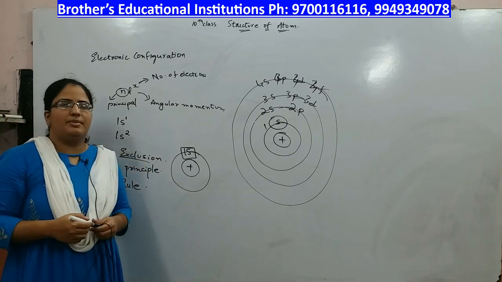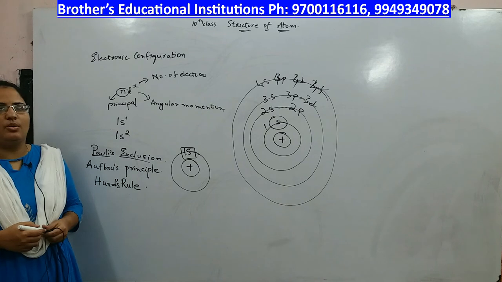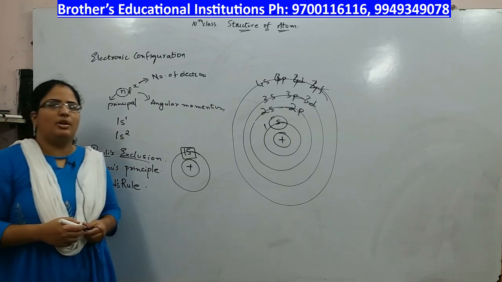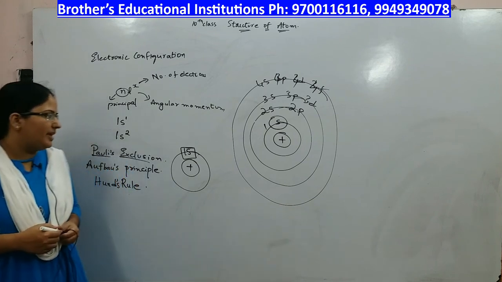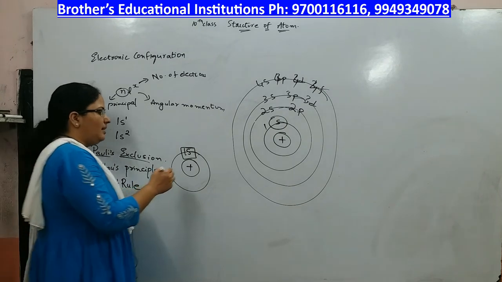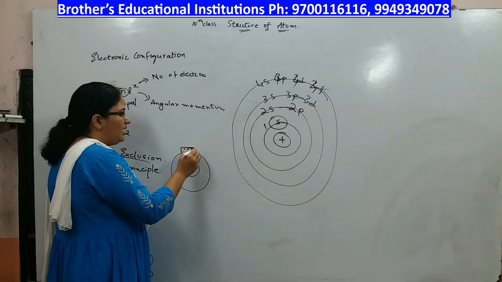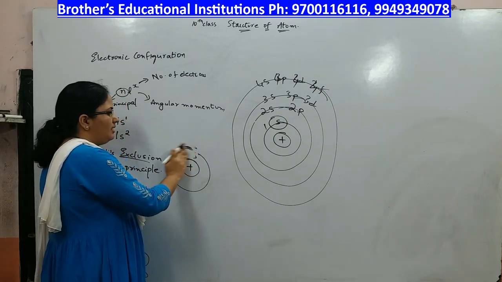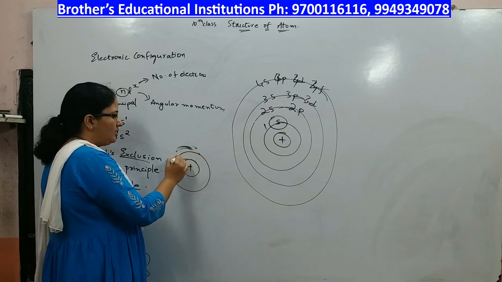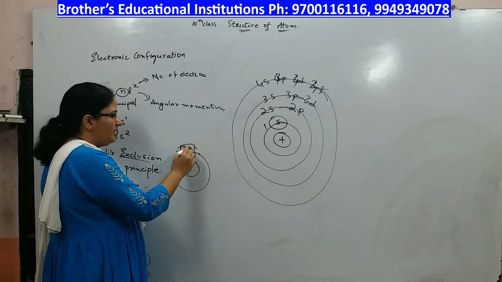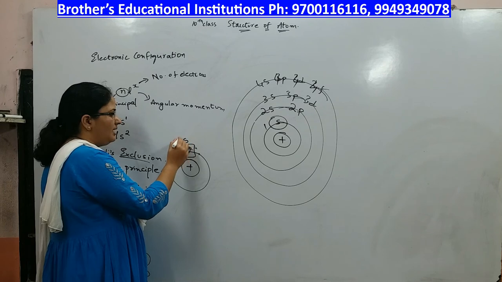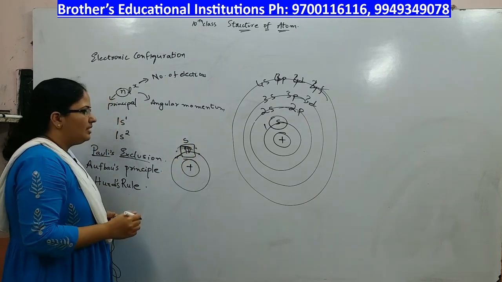Pauli's exclusion principle says that no two electrons have all four quantum numbers the same. For example, let us take helium. Helium has two electrons in the first shell, present in the s subshell.